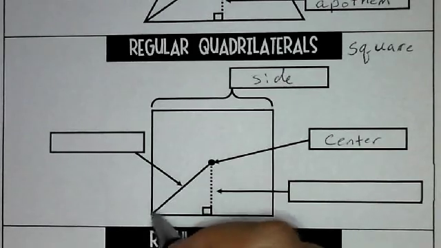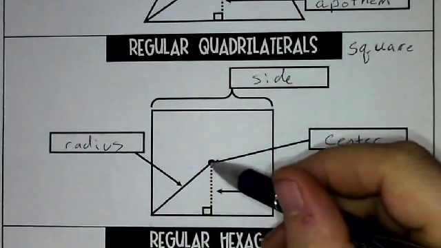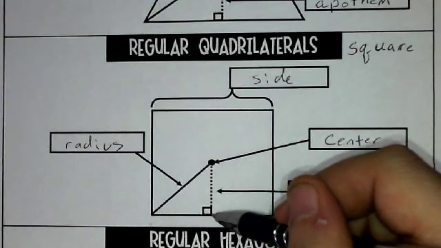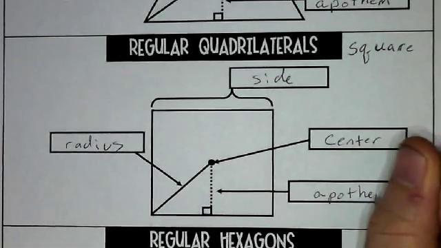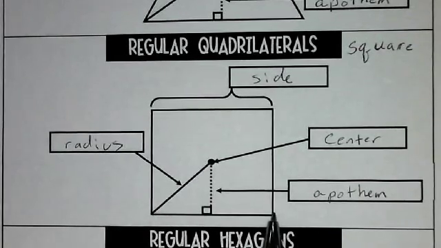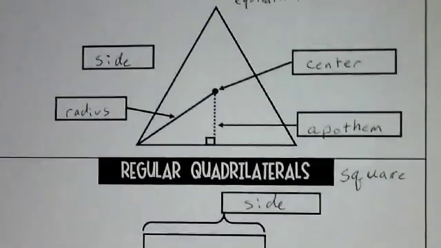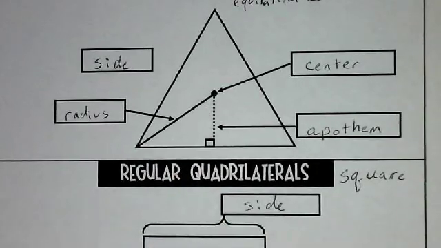This bold line that goes to a corner, that is our radius. And the line that goes from the center straight down is the apothem. One thing that's important to note is that our apothem always cuts the side in half. It did the same thing on our triangle. It cuts our side in half.